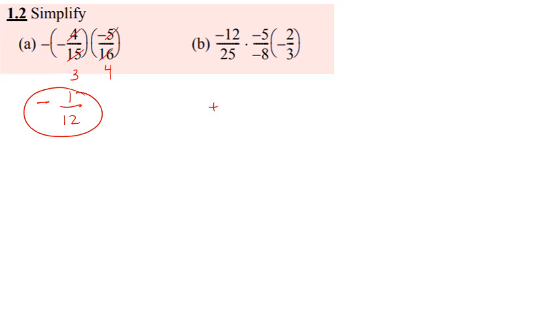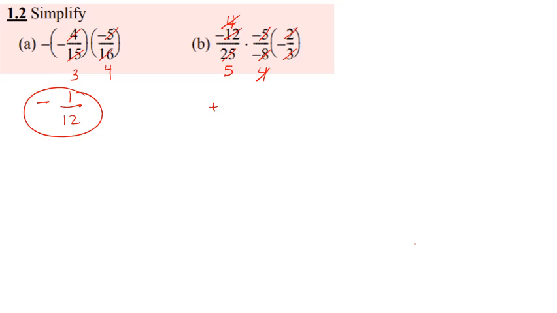I'm going to ignore all the signs and now just focus on the numbers. 5 and 25 reduced by 5 to get 1 and 5. Let's see, I'm going to do 2 and 8, that's going to be 1 and 4. And then 3 and 12 is going to be 1 and 4. And then I have these 4's here. I'm going to reduce those by 4, which is 1.